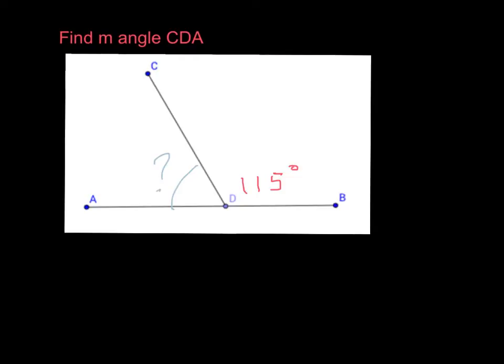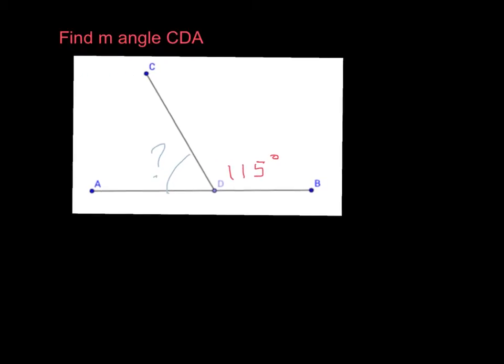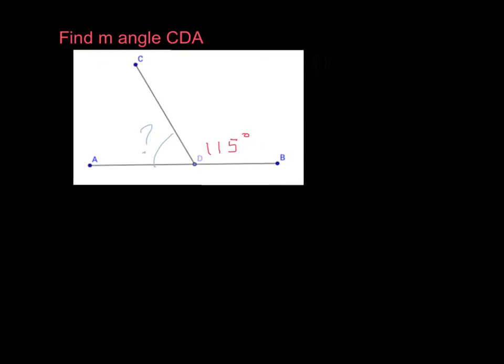So going off what we know about supplementary angles, we know that the measure of angle CDA plus 115 degrees is going to equal 180 degrees. So just to save some time, I'm going to label this angle CDA as x, and now I can set up my equation. So I know that x plus 115 degrees is going to give me 180.